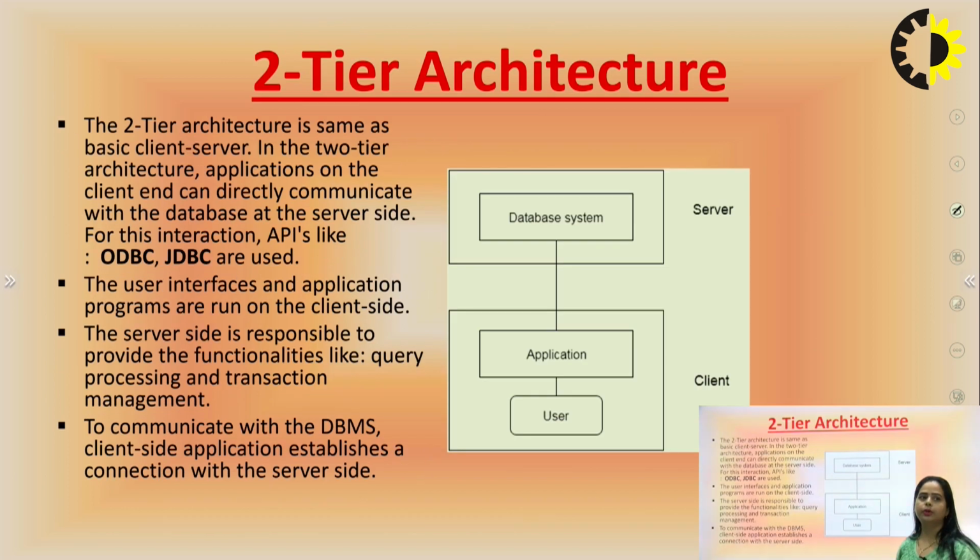Next is two-tier architecture. What happens in two-tier architecture? In two-tier architecture, the user interacts with an application interface. This application interface on the client side further interacts with the server. So this is two-tier architecture, and here we use APIs like ODBC and JDBC.